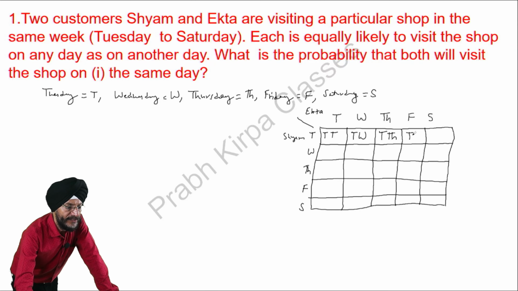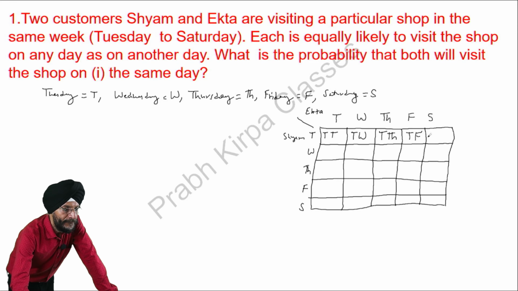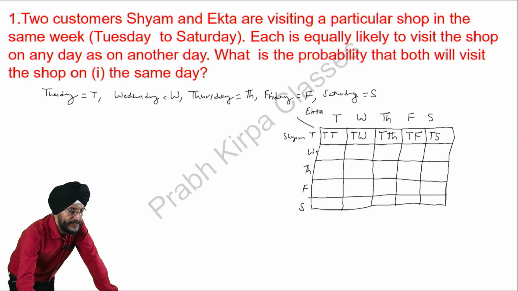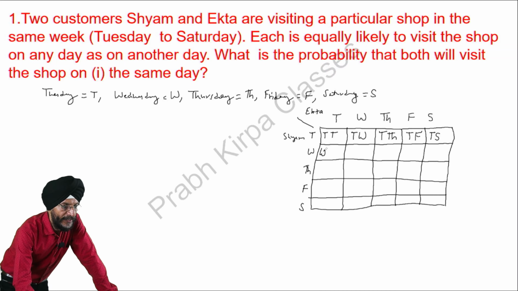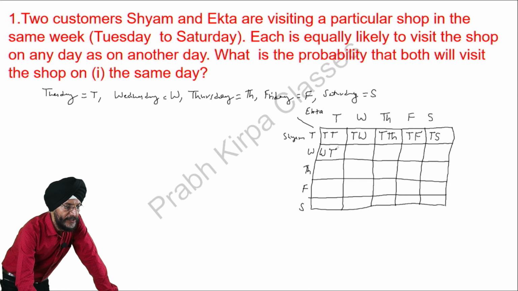If Shyam visits on Tuesday, Ekta may visit on Friday. If Shyam visits on Tuesday, Ekta may visit on Saturday. In the same way, if Shyam visits the shop on Wednesday, Ekta may visit on Tuesday. In the same way, we will form the whole table.